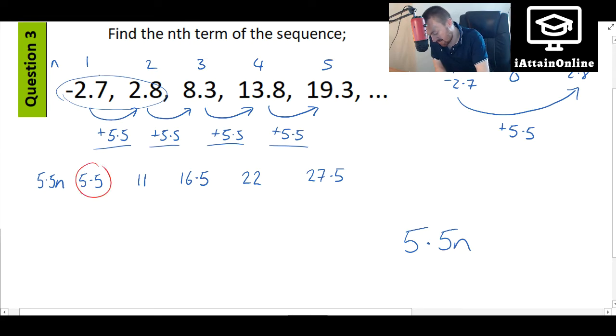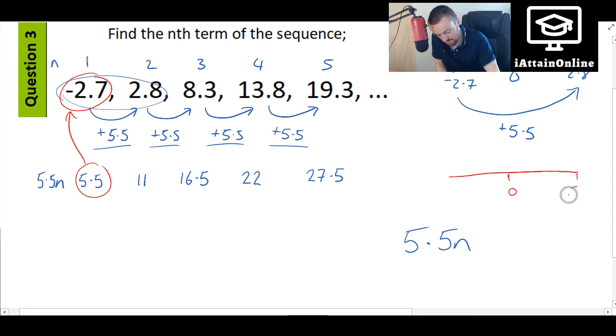As soon as you've done that, you're going to say just the same as you did before. How do you get from 5.5 to negative 2.7? So a number line would be useful again. Here's 0, here's 5.5, and here's negative 2.7. So to get back to 0 from 5.5, you are taking away 5.5, and then you're taking away another 2.7.